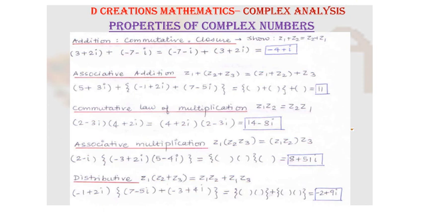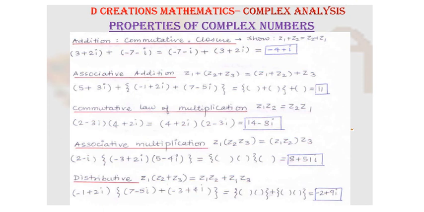And even if you first club 5 plus 3i and minus 1 plus 2i, which essentially gives you the answer 4 plus 5i, and to it if you add 7 minus 5i, still you will get the answer to be 11.